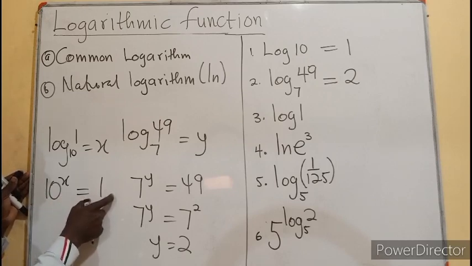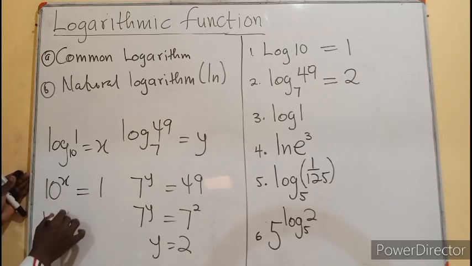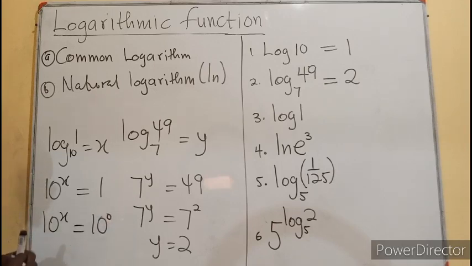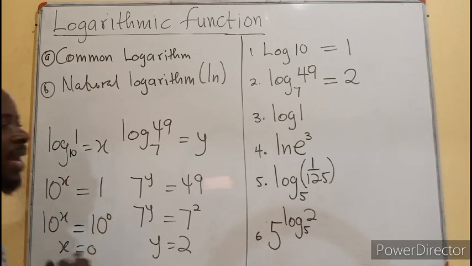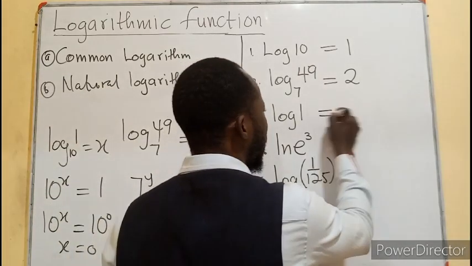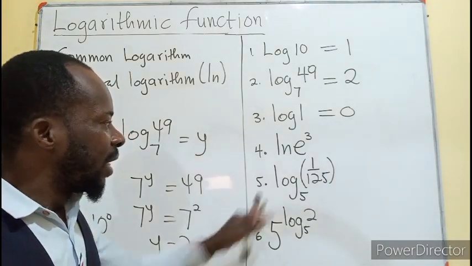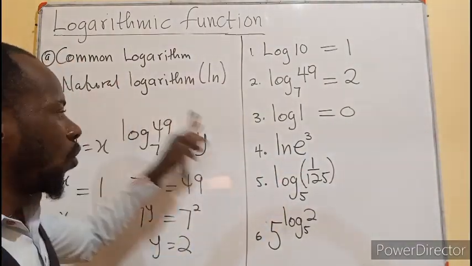So this could also be written in the form 10 exponent x equals 10 exponent 0. You know 10 exponent 0 is 1. So since 10 and 10 are the same, x must be equal to 0. So if x is 0, then it means log 1 is also 0. Right? Good.